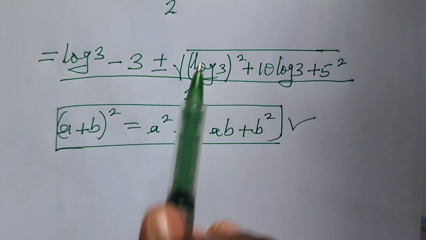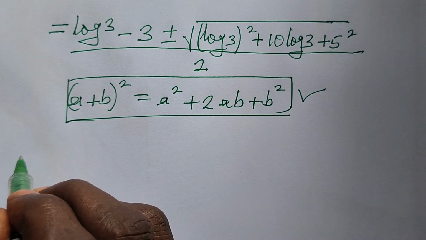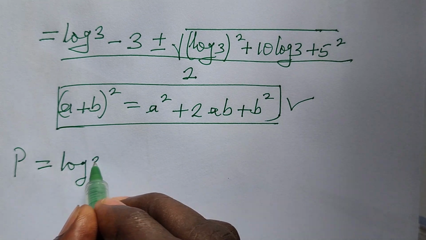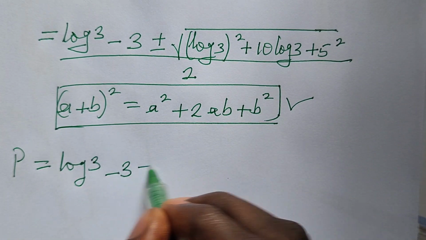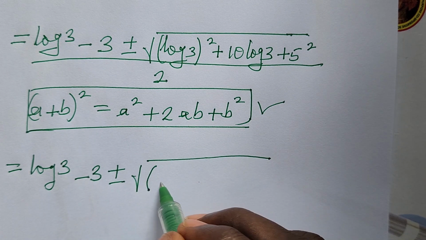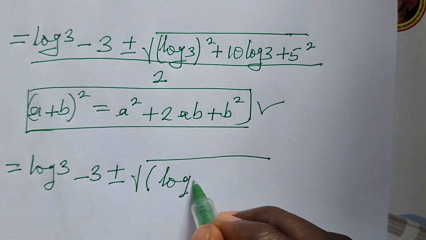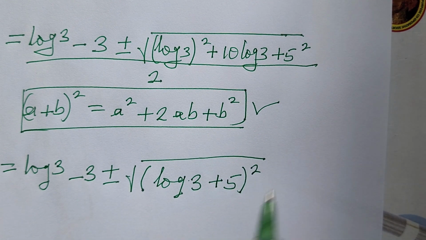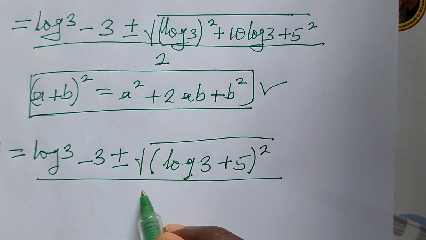So we can rewrite this expression as: p will now be equal to (log 3 - 3) plus or minus the square root of (log 3 + 5) all to the power of 2, everything all over 2.